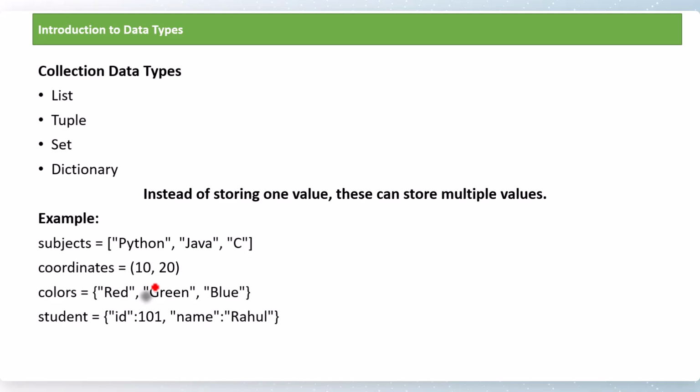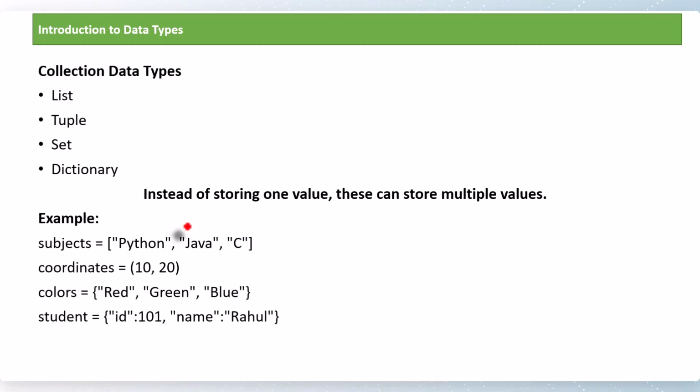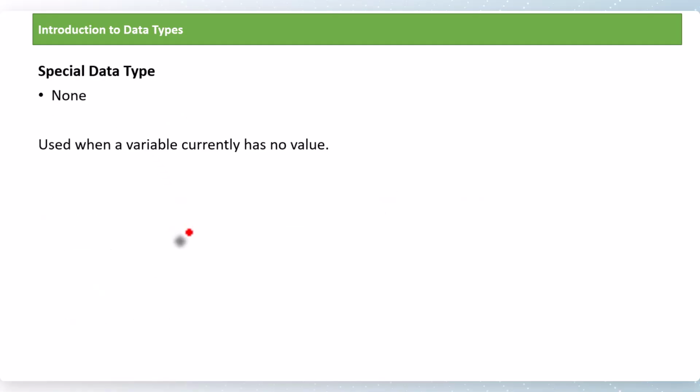Two different types of data we can say: primary data types and collection data types here. And there is one more data type, None. It is used when a variable currently has no value. Sometimes you want to specify the value is nothing, no value. At that time, you can use None.